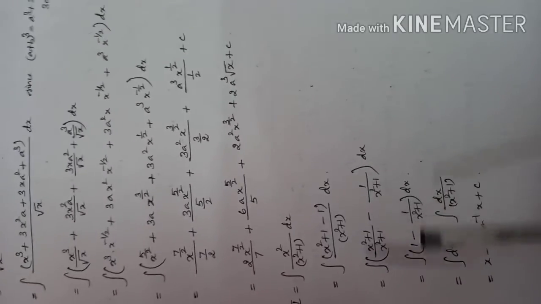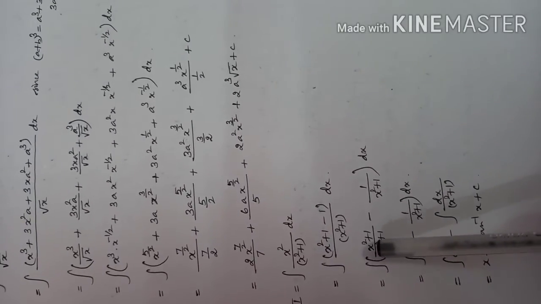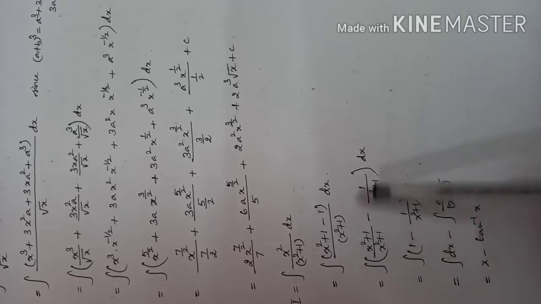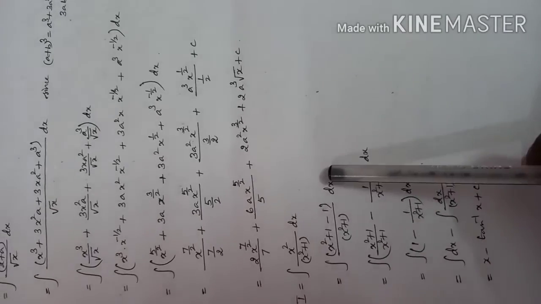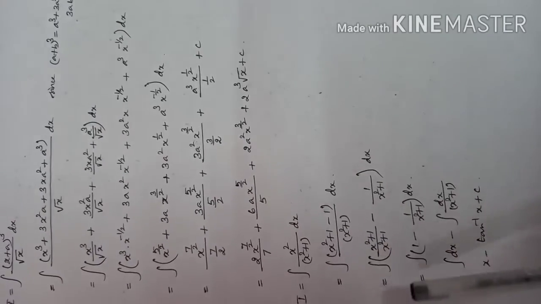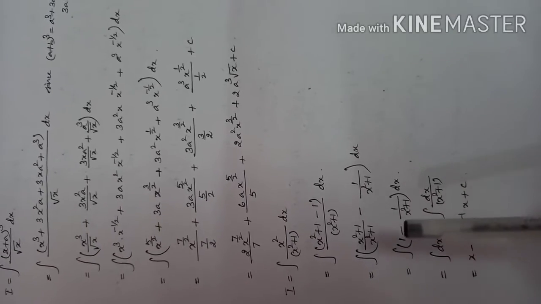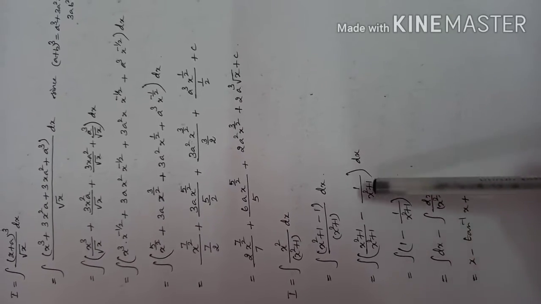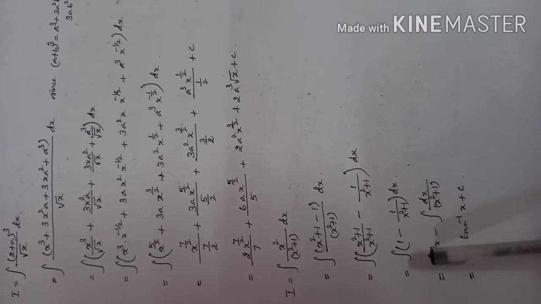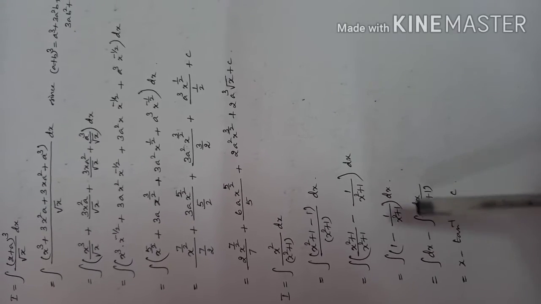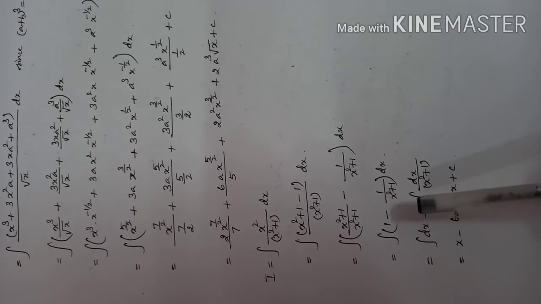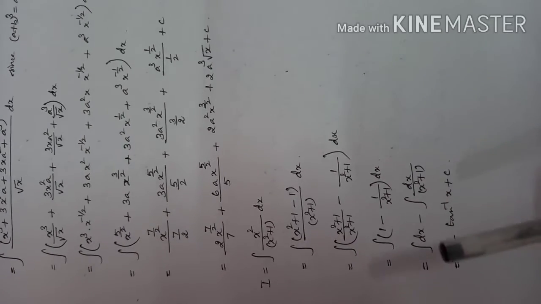When you look at the denominators and take the LCM, you will get this term. Now these two get cancelled and the answer is 1. So it is the integral of 1 minus 1 by x square plus 1 dx, which is the integral of dx minus the integral of 1 by x square plus 1 dx.